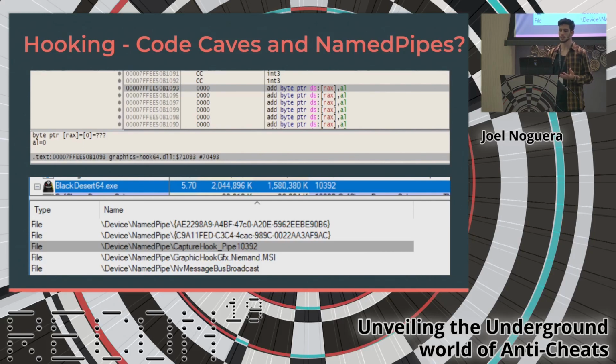And why is this interesting? Because maybe we could use this region full of zeros to place our shellcode or our code, and then when we create a new thread or hijack an already existing thread inside of the game or elsewhere, we could run a thread inside of an expected context.